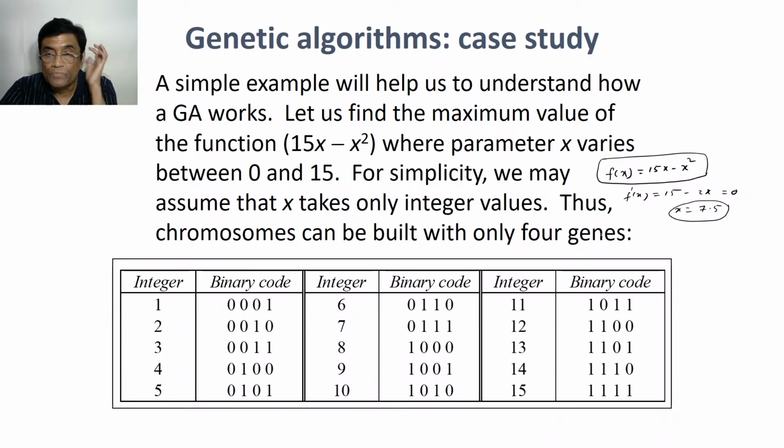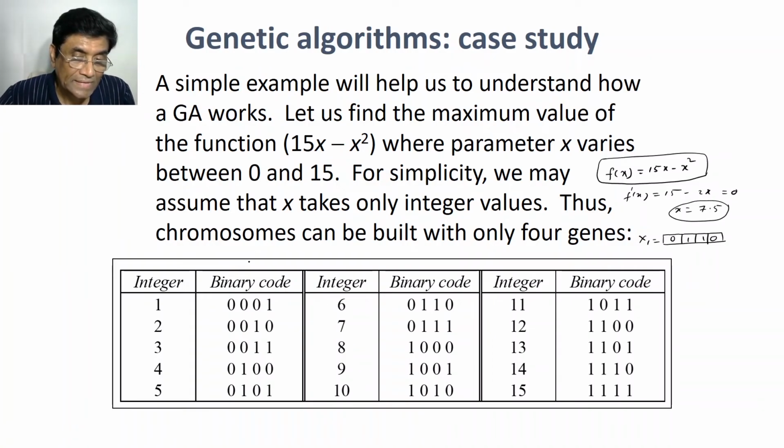So first, you need to figure out the chromosome size. Here a 4-bit chromosome is good enough, because 4 bits can accommodate any number between 0 and 15. And this is binary coded. I have decided that all the values in the chromosome, the genes so-called, are either 1 or 0. So this is called a binary coded gene.